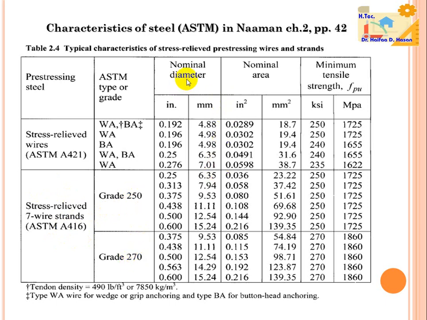Here the nominal diameter in two units, inch and millimeter, and the nominal area also in inch or millimeter units. And the final column, the tensile strength for each type of pre-stressing steel, fpu, also in both units, ksi or megapascal.